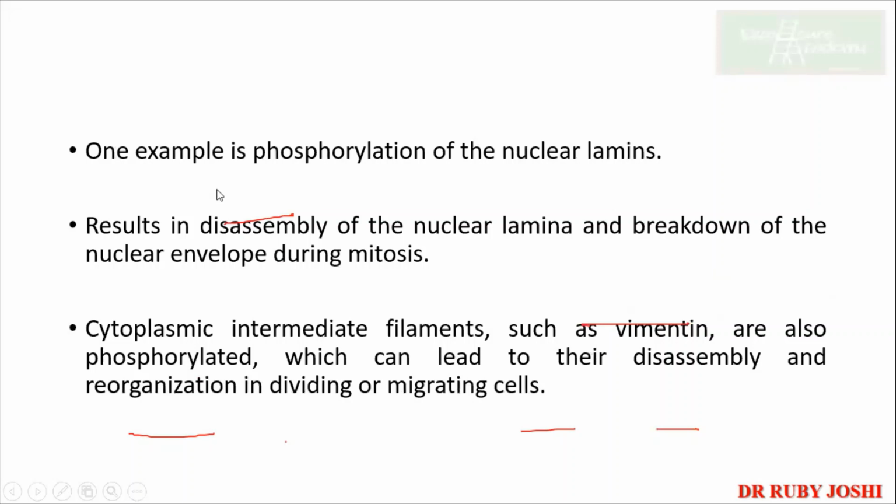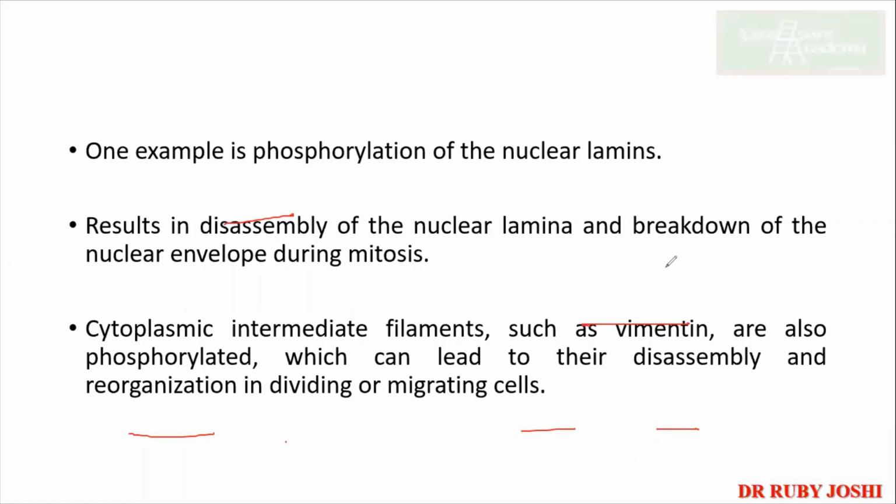One example is phosphorylation of the nuclear lamins. Let's take this example. It results in disassembly of the nuclear lamina and breakdown of the nuclear envelope during mitosis. So in short, when the nuclear envelope disappears, as I said before in one of the lectures, it doesn't mean that some magic is happening.